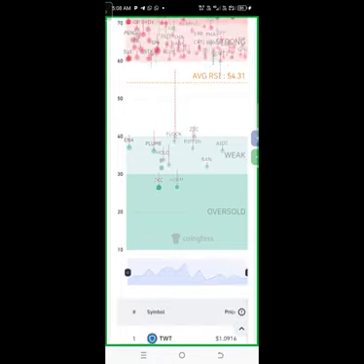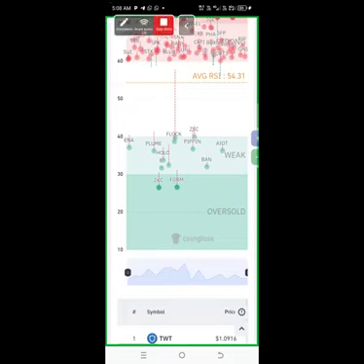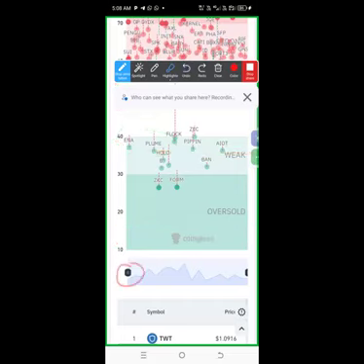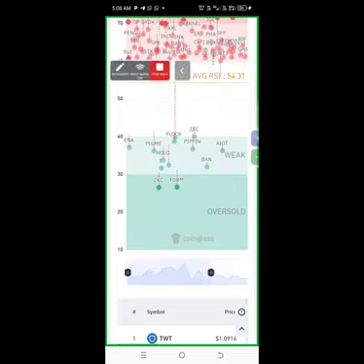Let me extend it. Learn to extend the chart. How do you extend it? These two angles here are what we use to extend. So you click here.